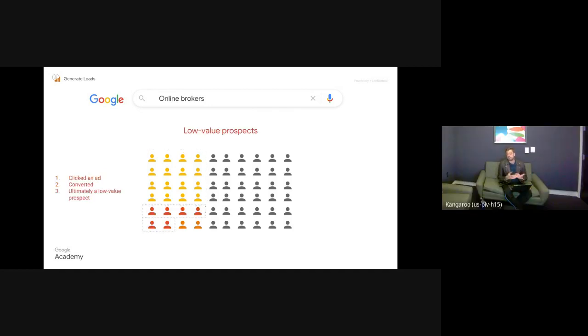So maybe out of those people who did click, there were a subset of people who did complete a lead form or called. And they talked to somebody on the phone, or they submitted a lead form and the sales team looked at their information and they were a low value prospect. So they were a prospect, but maybe they were a low value prospect.